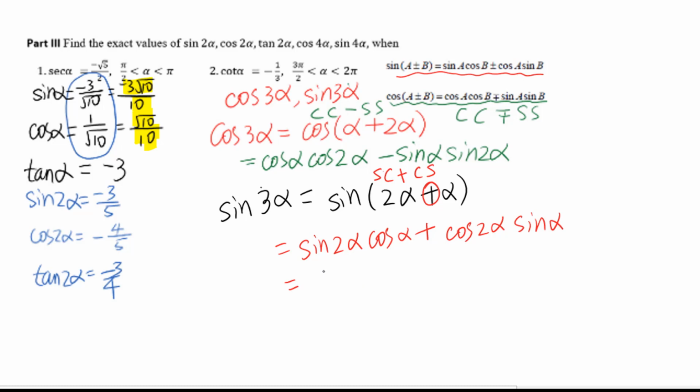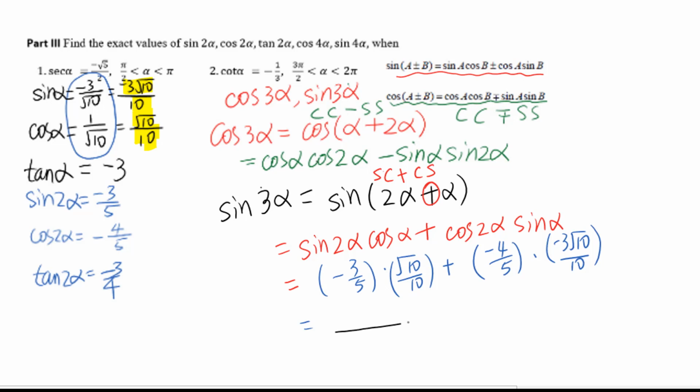Sine 2 alpha will be negative 3 over 5, cosine alpha is the square root of 10 over 10, then plus cosine 2 alpha is negative 4 over 5, sine alpha is negative 3 square root of 10 over 10.